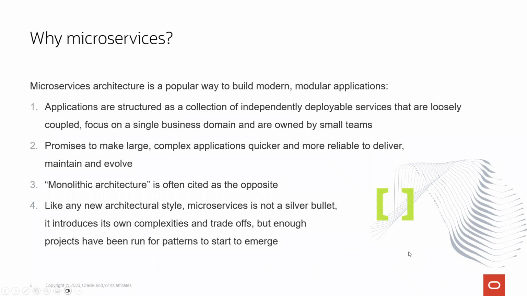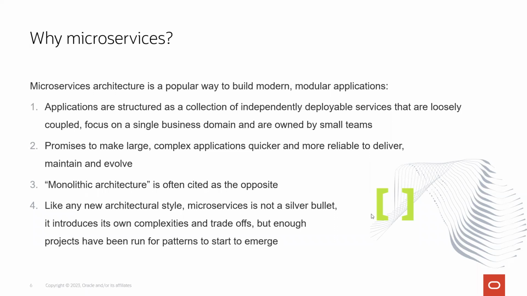So why microservices? The microservice architecture is a very popular way of building modern modular applications. The applications are structured as a collection of independently deployed services, so they are very loosely coupled. They focus on one business problem or domain, and are usually owned by small teams. That makes it easier to build large, more complex applications quicker.